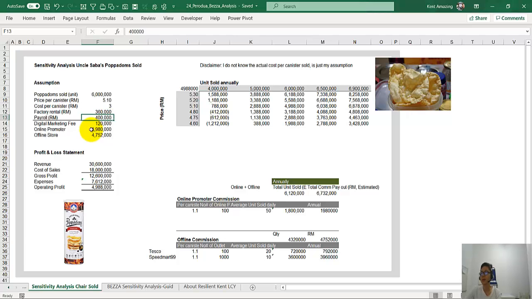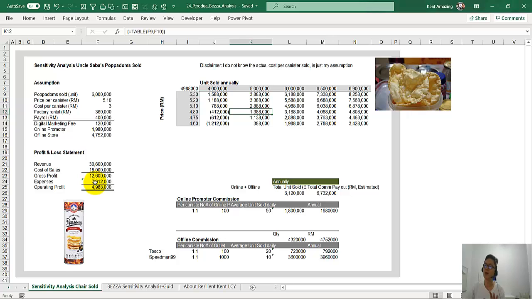Now you can see that it's very sensitive here, because once the factory cost is high, if you sell below this price range and below this number of units, it can actually make a loss. But if you sell 5 million units, you can make 1 million in operating profit. This is not including the taxes.